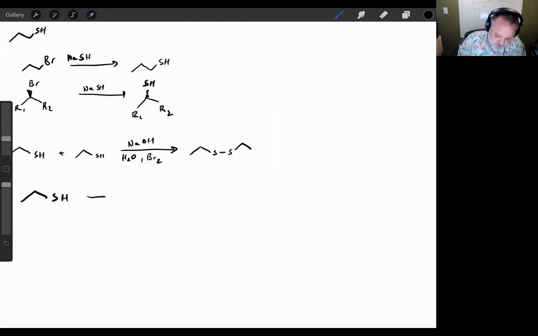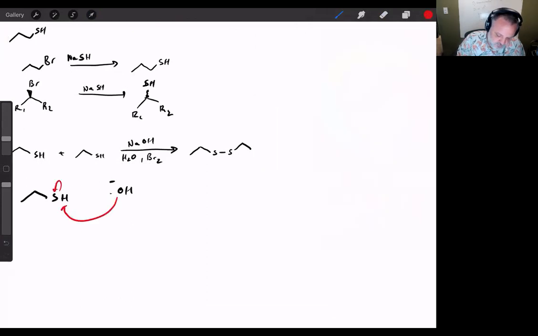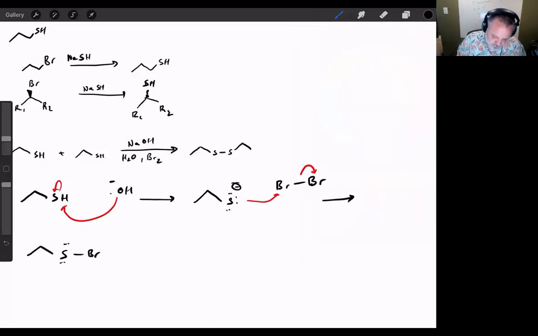If I take the thiol and react it with sodium hydroxide, the hydroxide is acting as a base, and it removes the proton and ultimately forms an S minus. The S minus then goes along to react with that bromine and forms this really interesting species that has a sulfur attached to a bromine.